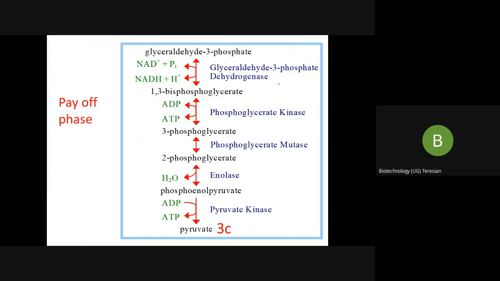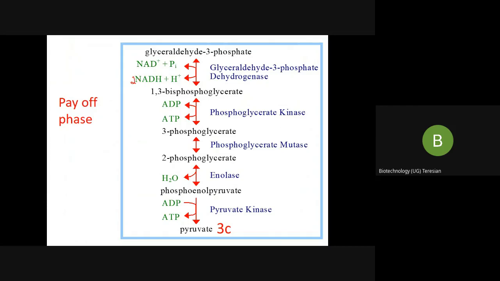And here your NAD is reduced to NADH. From here the step occurs twice because we have already said that there are 2 molecules of glyceraldehyde 3-phosphate. So how many NADH are formed? 2 NADH are formed.